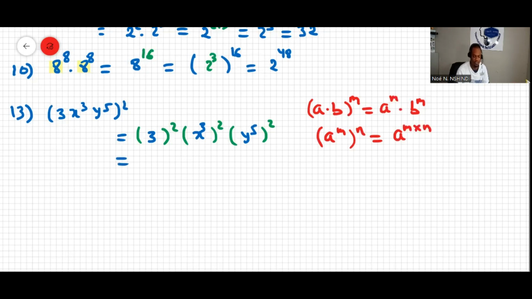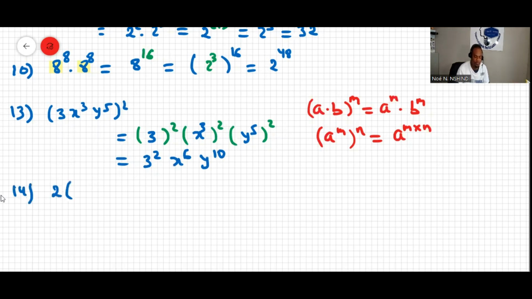This is why I can apply this law. That makes 3 squared, x to the power of 6, and then y to the power of 10. That was question 13. We can also do question 14.